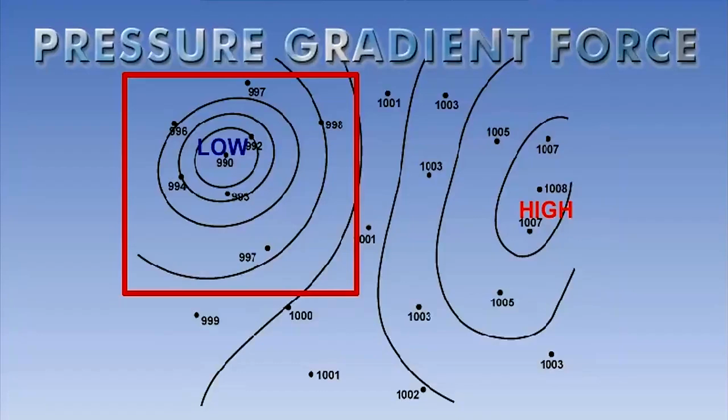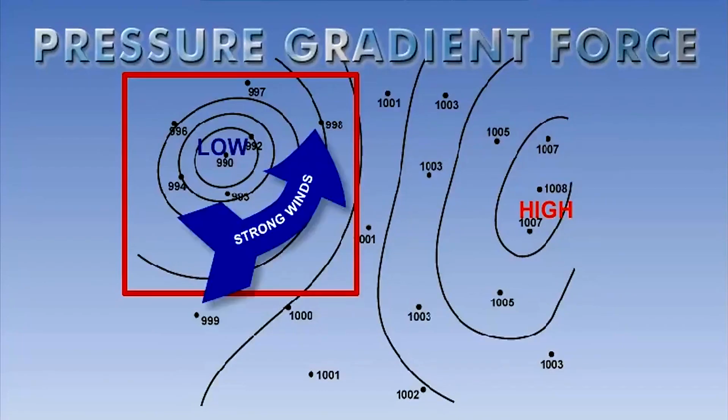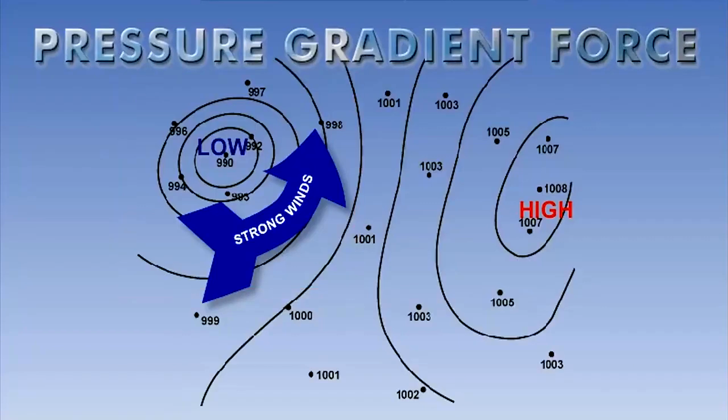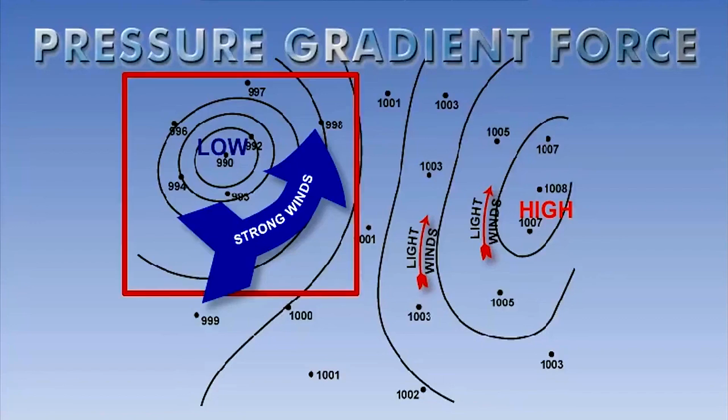If the pressure gradient force is very large, then there will be a rapid movement of air, and the resulting winds will be very strong. However, if the pressure gradient force is very weak, then the air will move slowly, resulting in light winds.